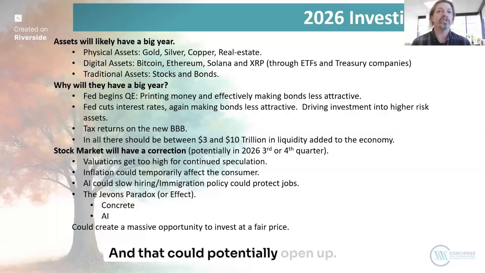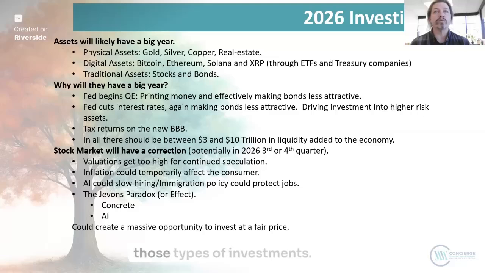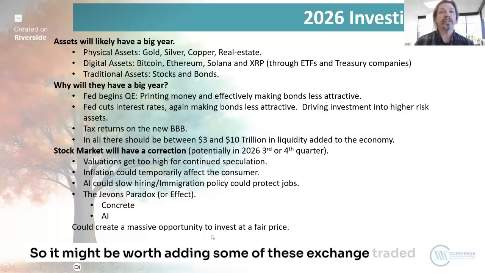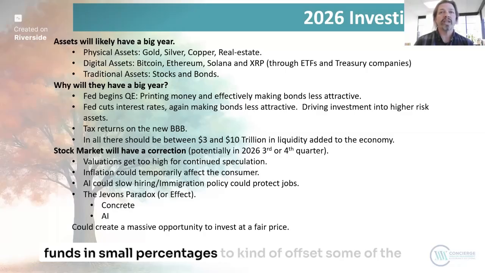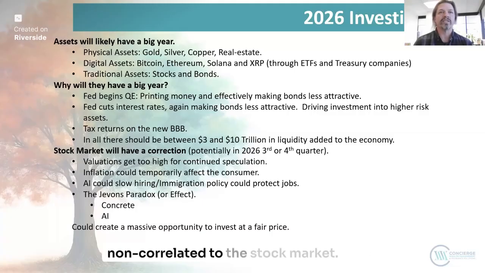That could potentially open up these investments to much larger investors. So it might be worth adding some of these exchange traded funds in small percentages to offset some of the risk in the stock market, as an asset that's non-correlated to the stock market.